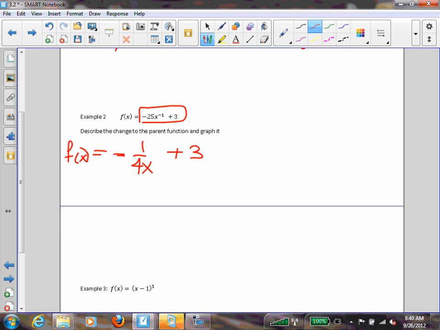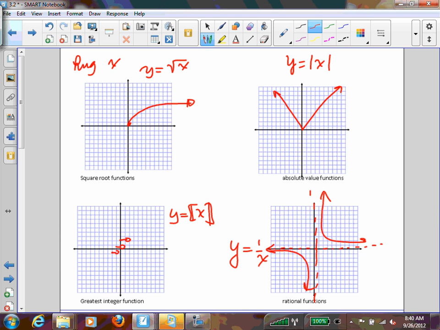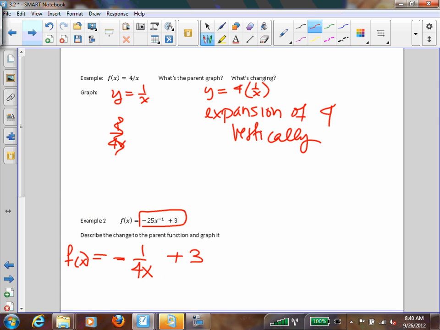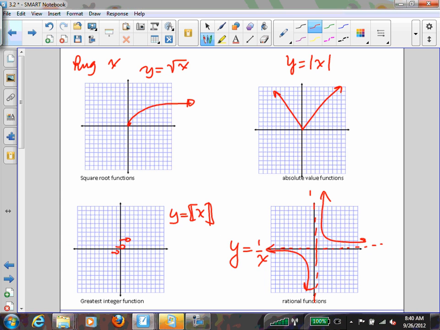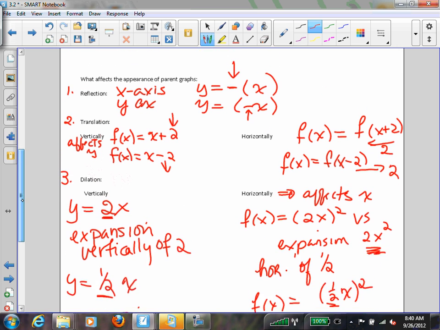Okay. All right, so let's start with the easy one. Is this negative sign affecting the y or the x? Okay, let's go back and look. Is it down here? Where's my x?